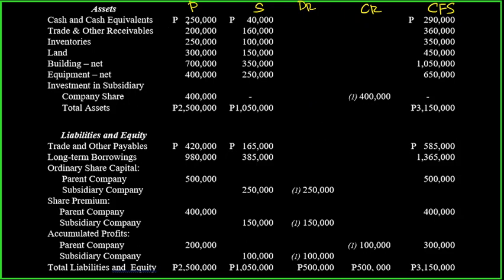Okay, so sir, why is it 250? Wasn't it 650 earlier? Because we paid 400,000. So 650 minus 400, and 400 goes here. You now have 250. Now, let's try to eliminate that. Debit this, and credit your investment. And then, debit the investment and credit gain.